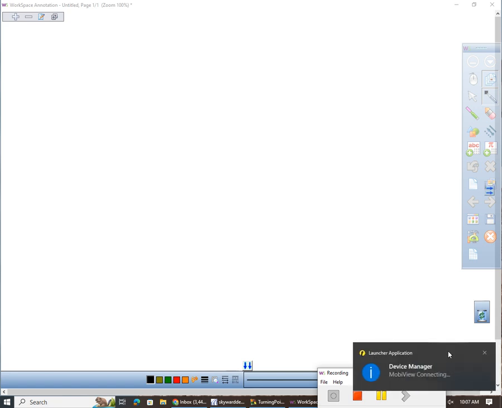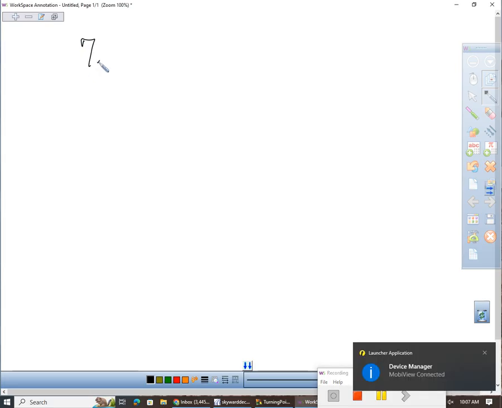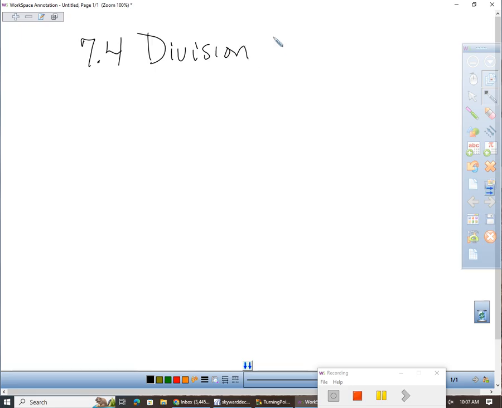We are moving on to the next couple of rules. And so moving on to 7.4, we are doing the division properties of exponents.